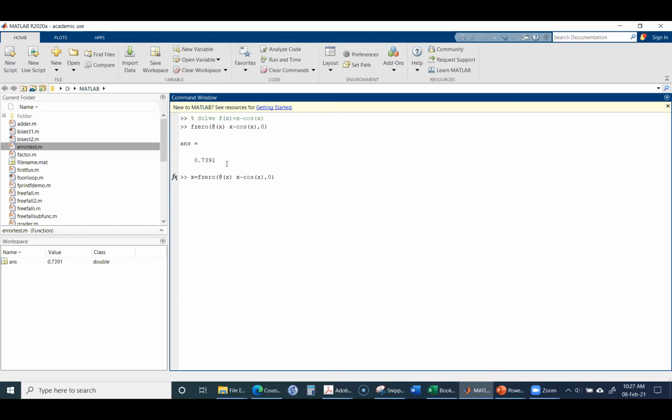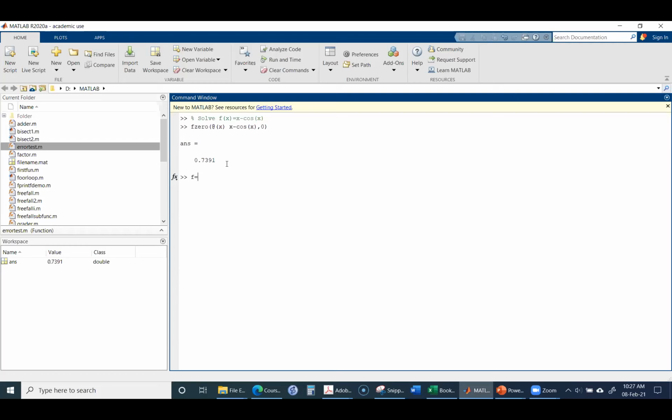So x will be equal to this, okay? Let me do the same equation in another way. Let me define this function of x as something like this.